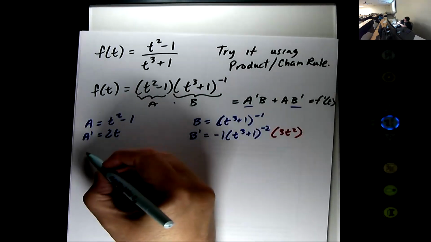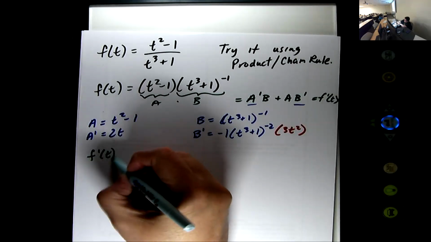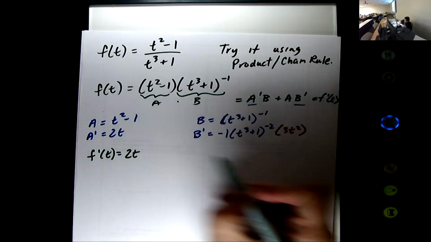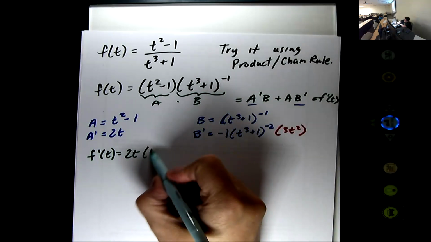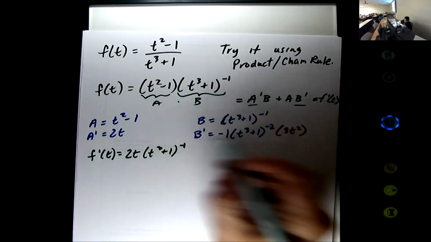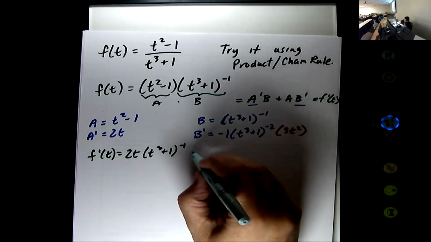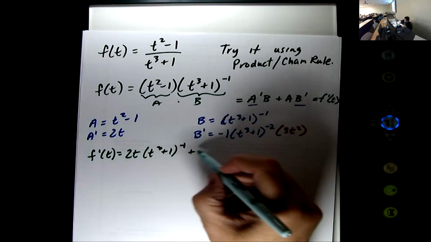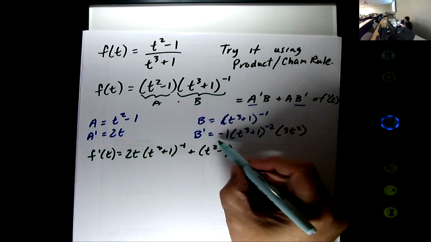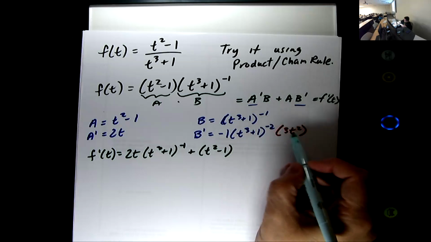When I put that all together, f prime of t equals a prime, which is 2t, times b, which is t cubed plus 1 to the negative 1. And I have plus a, which is t squared minus 1, times b prime. I can clean this up a little bit.